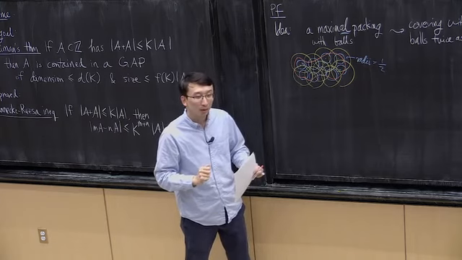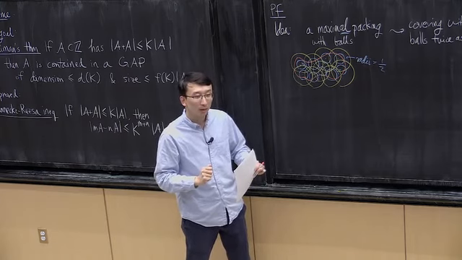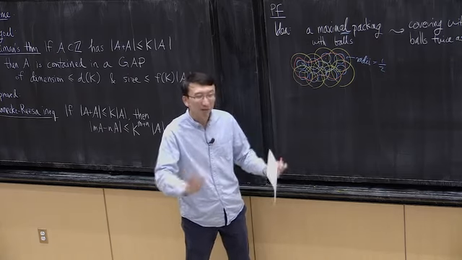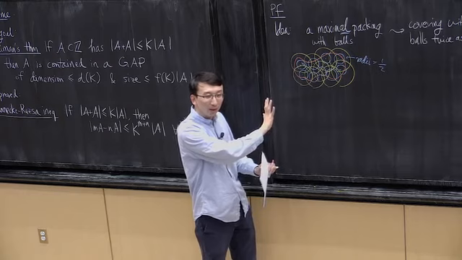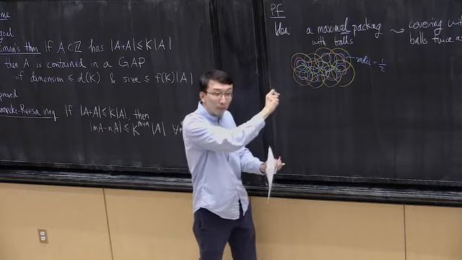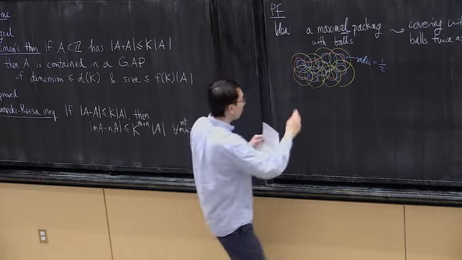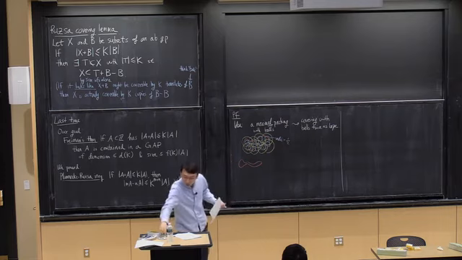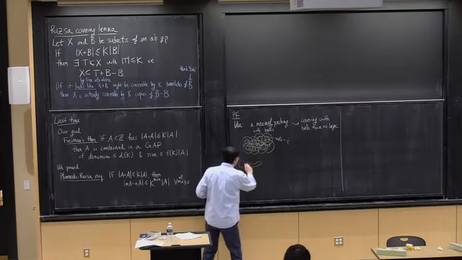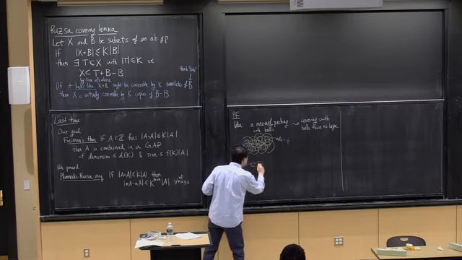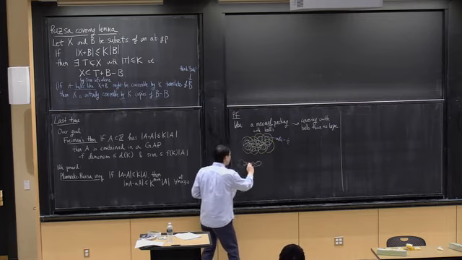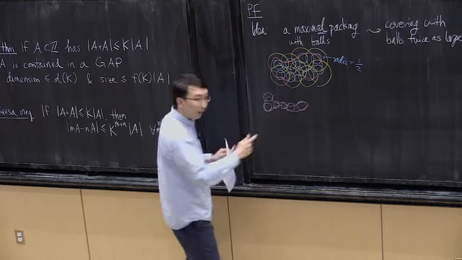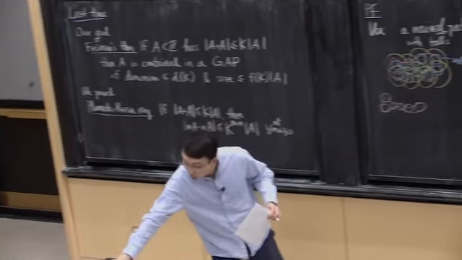Question: what if the space has some narrow portion? It doesn't matter, if you formulate this correctly. The point is that if you take a maximal set of points, when you expand, you have to cover the whole space.